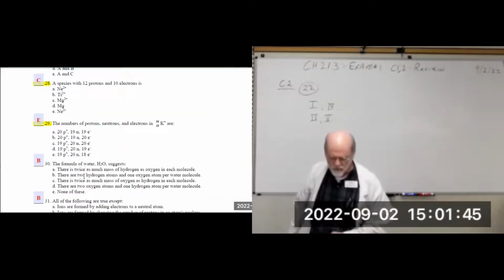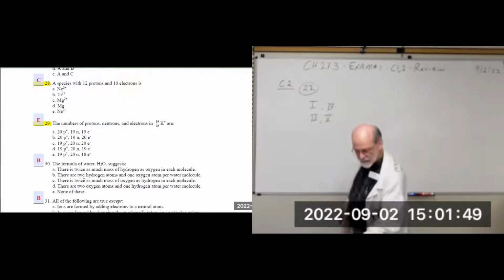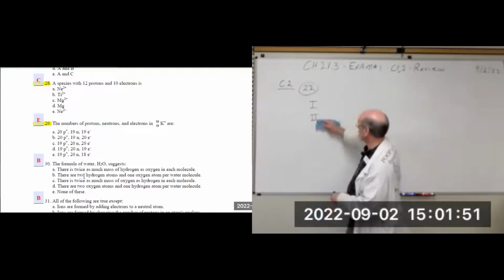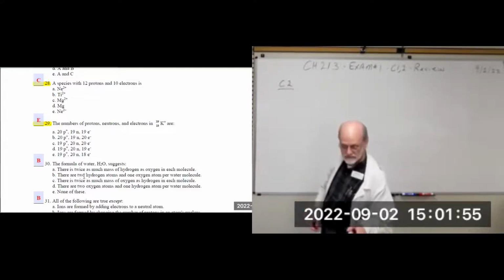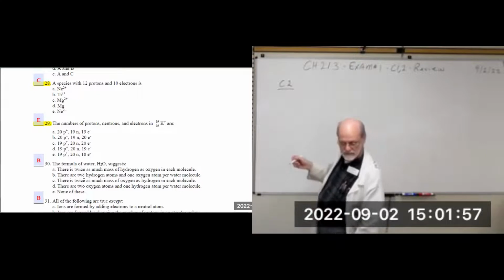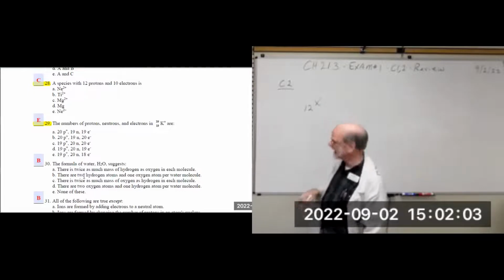A species with 12 protons and 10 electrons. So we've got to find out what's the element first, and then what's the charge. 12 protons and 10 electrons.